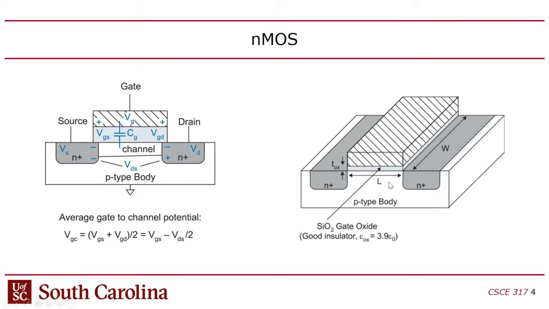The length is typically set to the minimum for the fabrication process, and then the width is normally set to be twice the length. So when you scale down the minimum feature size, you're scaling down both the length and the width at the same rate.